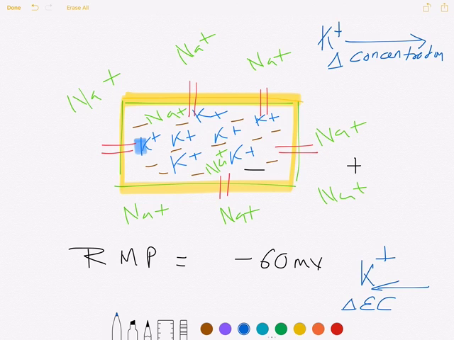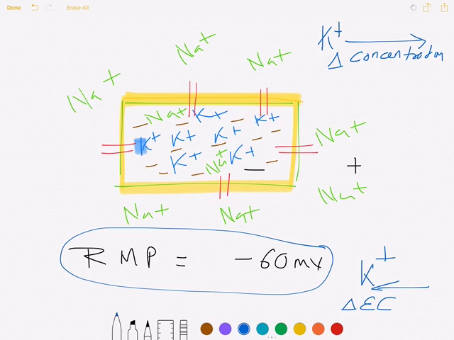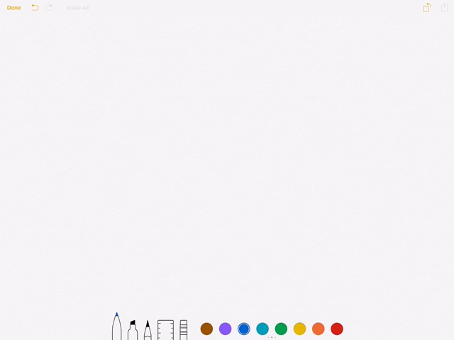There is a lot of potassium inside, but still there's some potassium that leaves the cell, and so there is more negative charge inside the cell. This is why the cell has a negative potential of minus 60 millivolts. I'm not going into details because it can take all day to explain this, but if you really want to discuss this in detail, you can consult a cell physiology textbook.